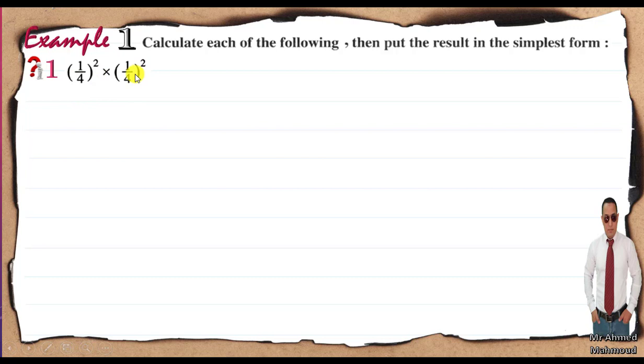So I'm going to write down the same base and use the rule. When we multiply, we add the powers, so it will be (1 over 4) all to the power of 4. Then I'm going to distribute the power: 1 power 4 over 4 power of 4 equals 1 over 256.